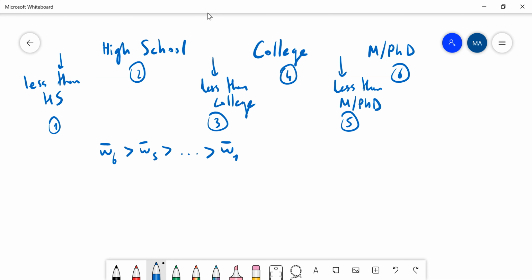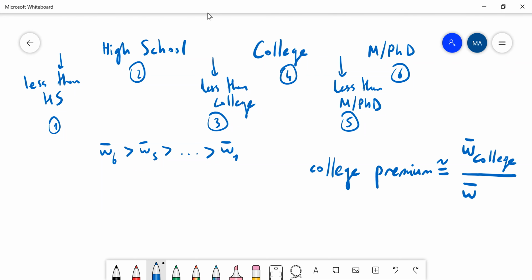Now, economists are especially interested in understanding the wage differences, right? So, for instance, what we call the college premium is this. Roughly, we look at the average wage of college educated people divided by high school and less than college, let's say.